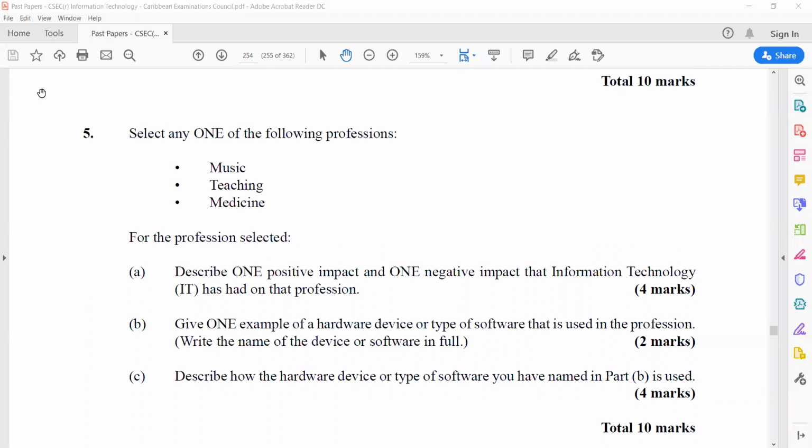That is something you could use, and describe how that hardware device or type of software is used. So one thing to pay attention to here is the marks, right? They gave 2 marks for identifying the example. There are 4 marks here, so you need to describe in some level of detail how you're going to use this hardware device or software.